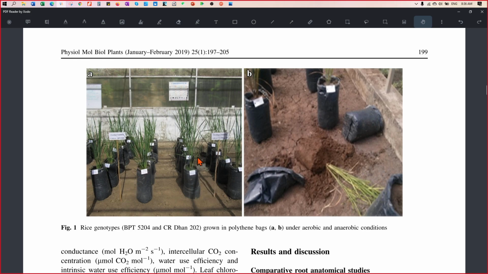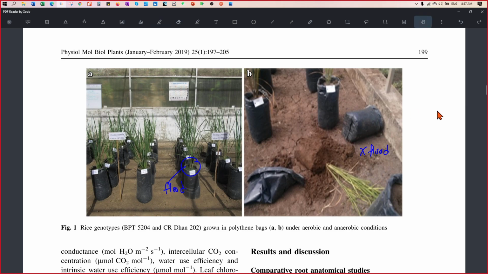So this should be A and B here. A is the aerobic and B is the anaerobic. You see, A is not flooding, no flood, and then this is a flood.